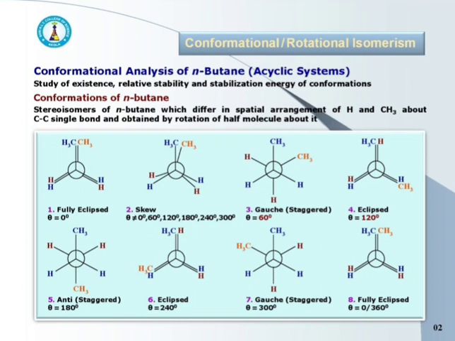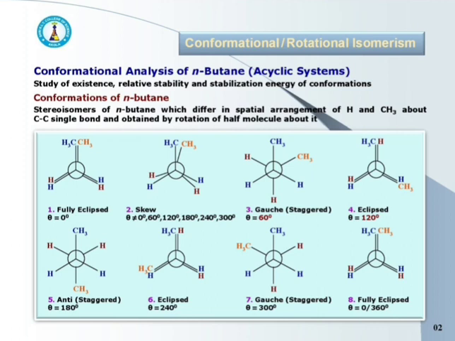Third is the Gauche conformation, which is a type of staggered conformation. Here in case of Gauche conformation, dihedral angle theta is 60 degree. In this conformation, CH3 groups are present at adjacent positions. Fourth conformation is the eclipse conformation with dihedral angle 120 degree.